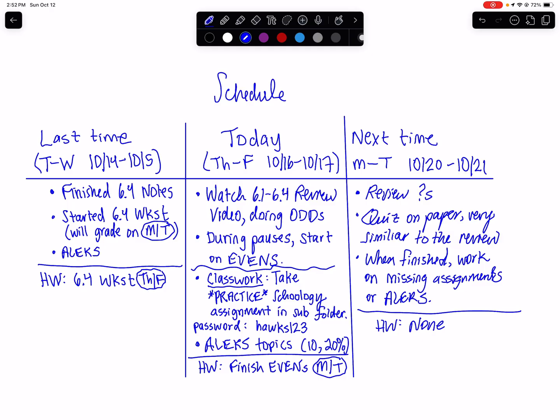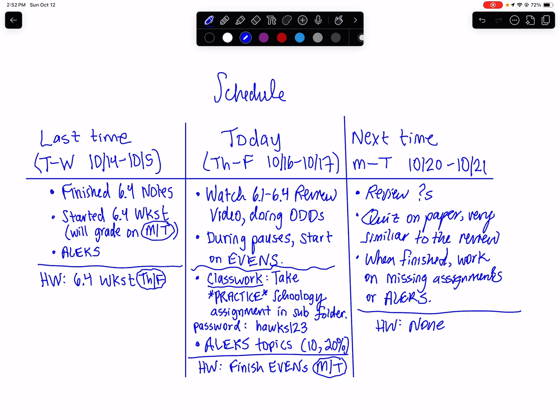Also today, since this video will not take the whole time, we're going to just take a practice Schoology. You can call it a quiz, but it's not a quiz. It's just a practice assignment, similar to the one that you did before, but this one is about compound and absolute value, and it's going to go in as a classwork grade.